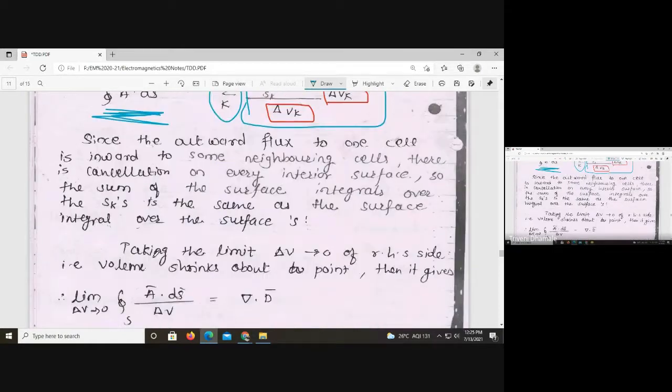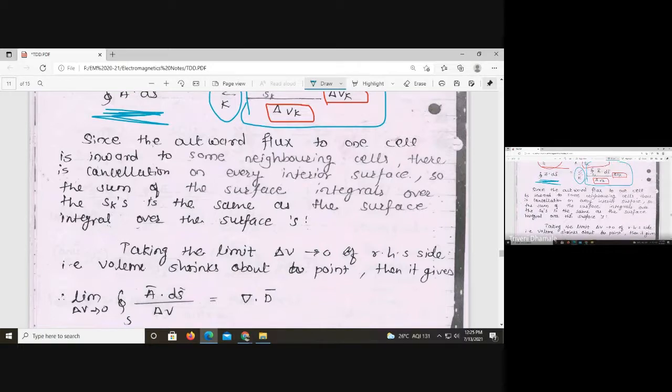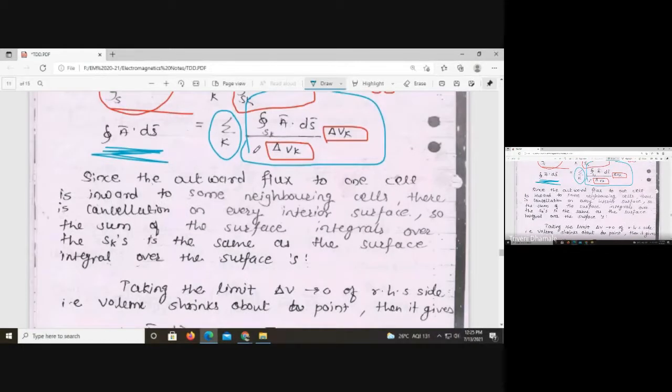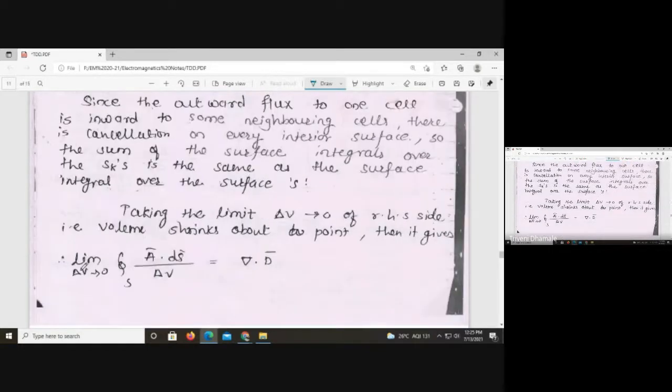So taking the limit delta V tends to 0 of the RHS side, because we need to prove this theorem. According to the divergence theorem, we have to apply this limit delta V tends to 0. Delta V, this is the divergence. Here it is vector A bar. Now in divergence it is A bar.